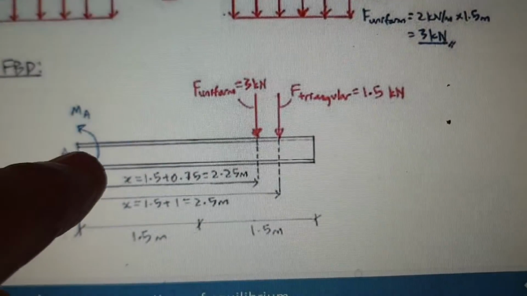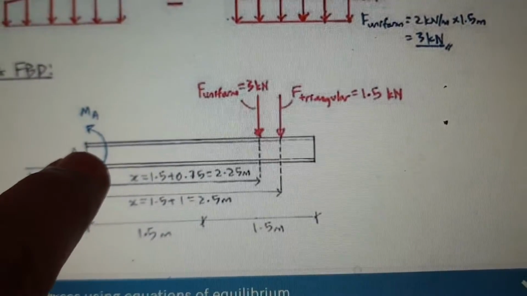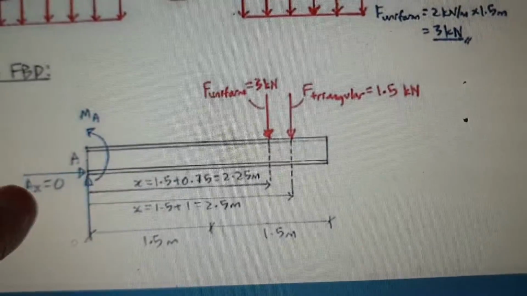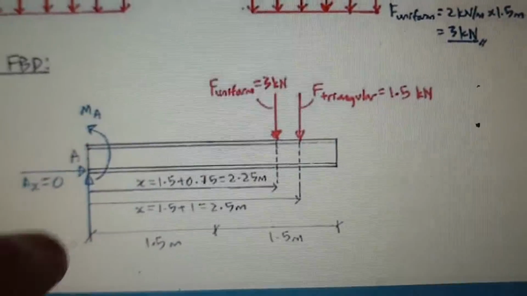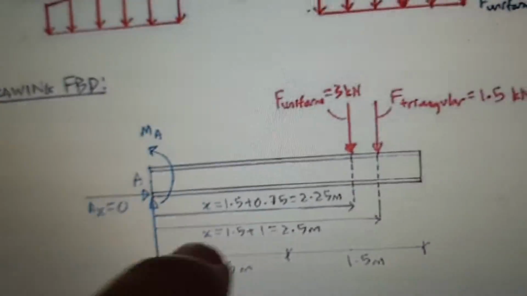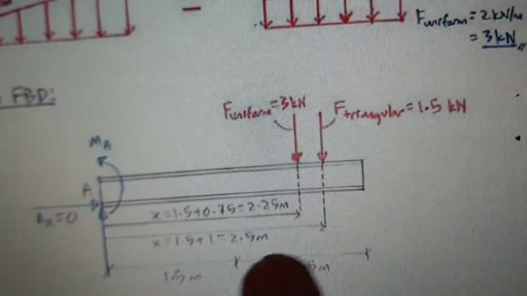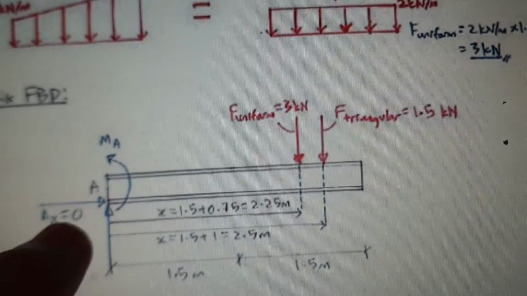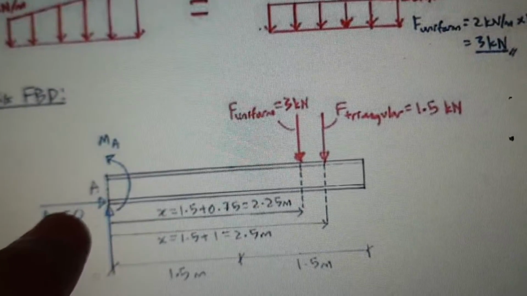Let's first of all do moment at A. If you do summation of moment at A, we could find moment A. In the summation of moment at A, this reaction is gone and this reaction is gone. Of course, AX is equal to 0 because there is no other reaction in the x-axis but AX. So summation of force at x equal to 0, AX will be 0.